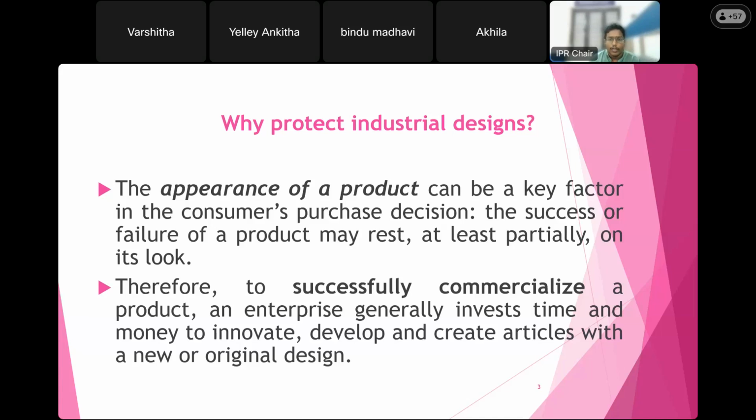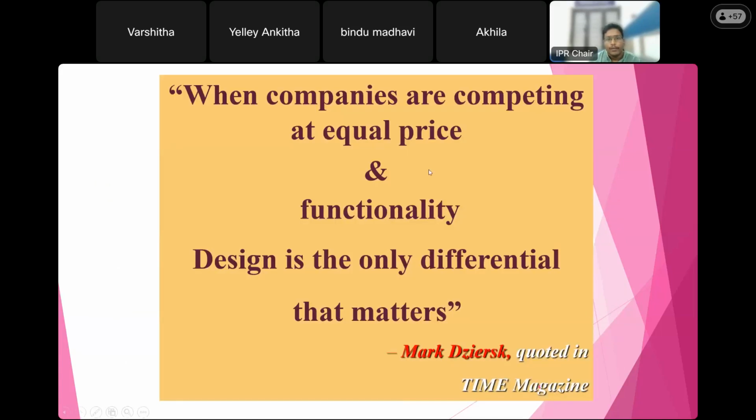If we start protecting and encouraging, ultimately we get the best product in terms of aesthetic appeal. When companies are competing at equal price and functionality, design is the only differentiator that matters. If functionality and everything is the same, the design will play a bigger role in a consumer's choice of item.